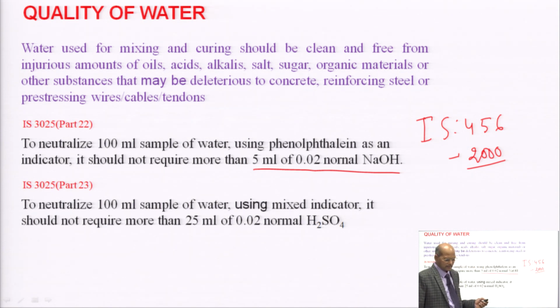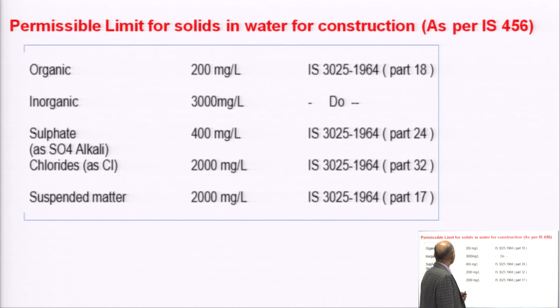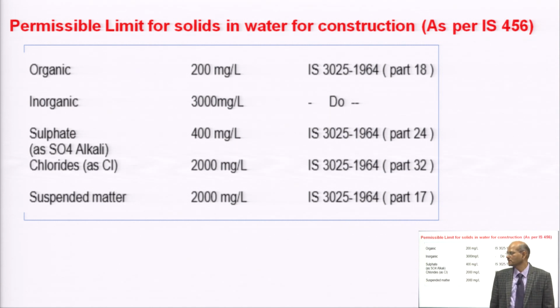Okay. And we have limitations of solids in water for construction. Here also, as per IS 456, these are the limitations given. Organic matter should not be more than 200 milligram per liter, which can be tested with the help of IS 3025 part 18. Similarly, inorganic matter should not be more than 3000 milligram per liter, also governed by IS 3025 part 18.